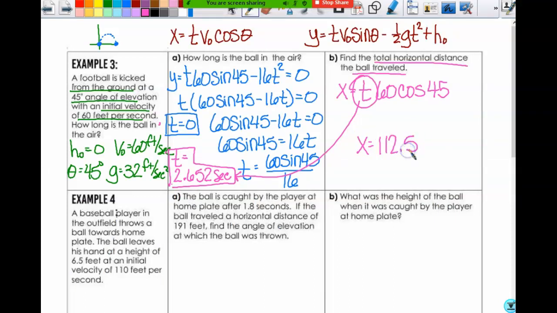It's not 112.500 because the calculator gave me exactly 112.5 with all my weird, crazy numbers. So if that's what it gives you, that's the answer, and that is in feet. Okay. What questions do you have? Anything? We good?